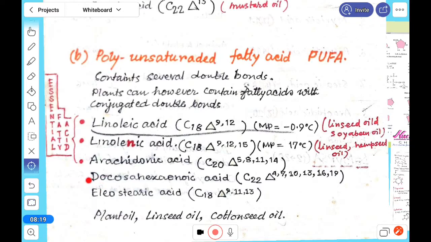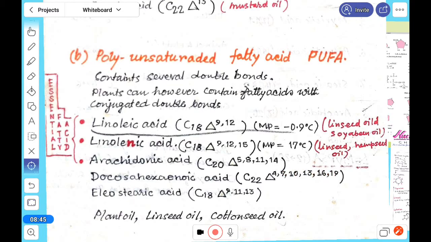You can see in advertisements for Horlicks or similar products that docosahexaenoic acid, DHA, is there. It is also found in mother's milk. It is C22, and many double bonds are there.